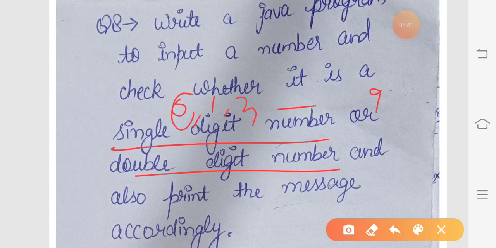If that number is greater than equal to 0 and less than equal to 9, then SOP ln single digit number, okay. In second if condition you will apply again that if the number is greater than equal to 10 and less than equal to 99, then SOP ln it is a double digit number.